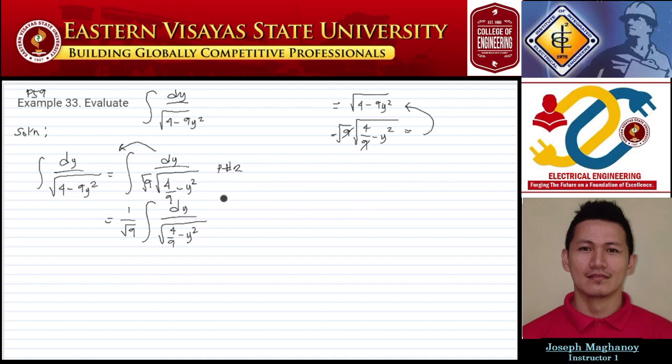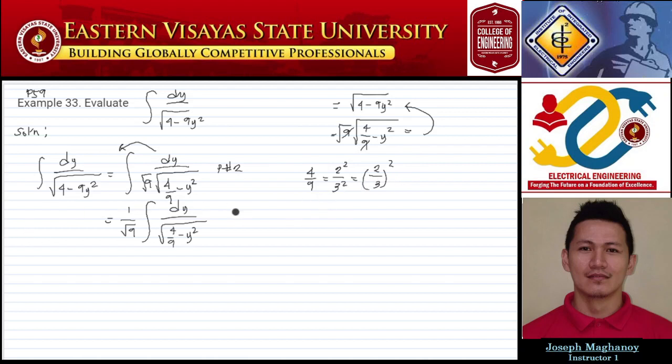Okay, our next thing to do is we need to reduce the fraction. For our 4 over 9, this is also equal to 2 squared over 3 squared, the square root of 4 and the square root of 9, and using the property of our exponent, we can write this as 2/3 squared.